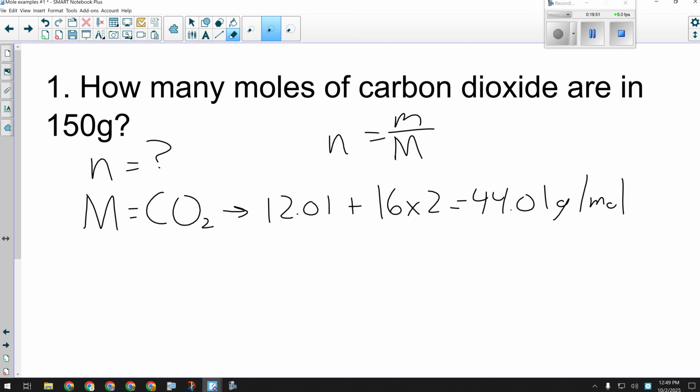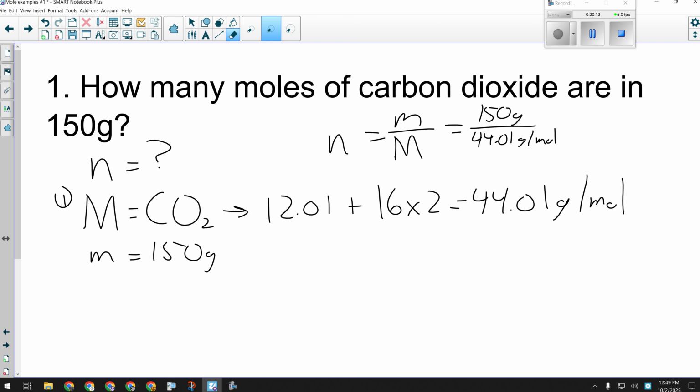Okay, everybody with me so far? All right, the other thing they tell me, the mass. I have 150 grams of carbon dioxide. All right, since I have little m and big M, all I have to do is put it into the formula. 150 grams divided by 44.01 grams per mole. Okay, I definitely have more than 1 mole here, right?